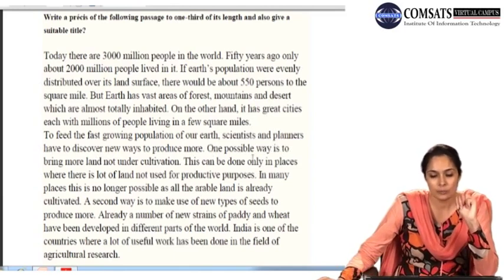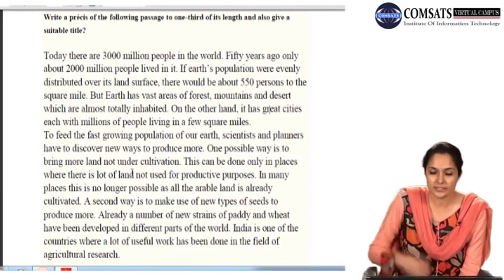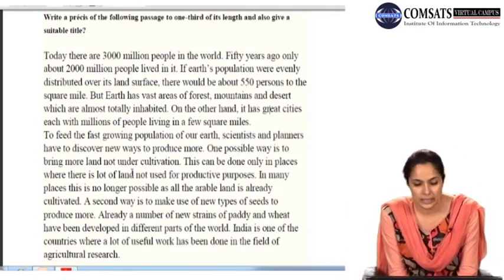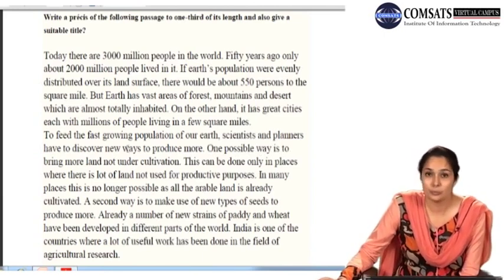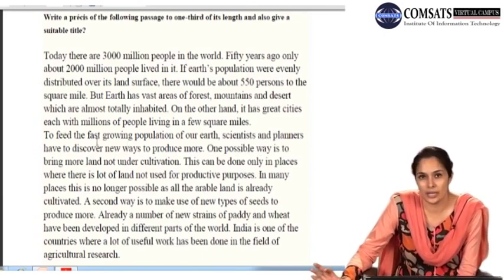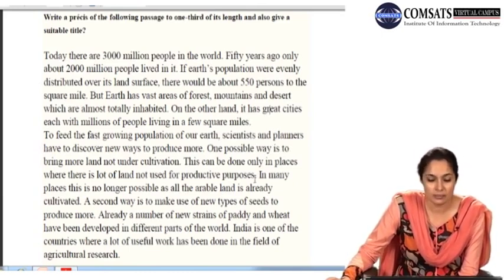Number 1 is, one possible way is to bring more land under cultivation. But along with this they have mentioned a problem, that the land that is not under cultivation, supposedly there is no such land, because most of the land is already used for productive purposes, and in many places this is no longer possible as arable land is already cultivated.